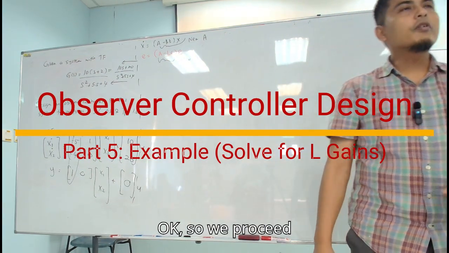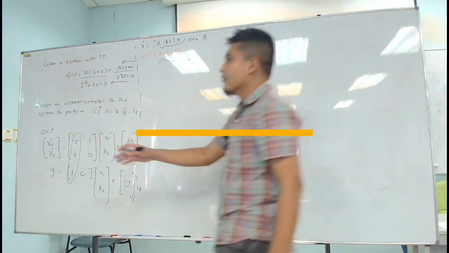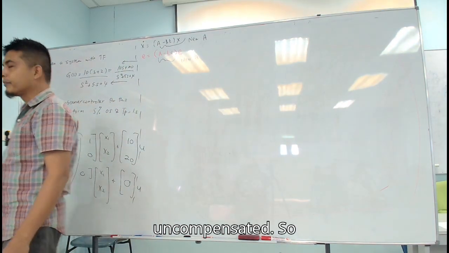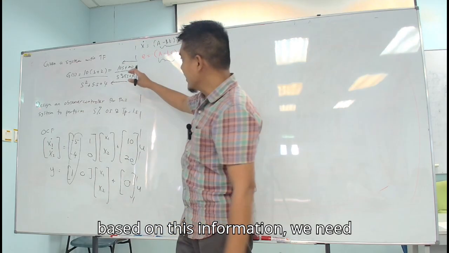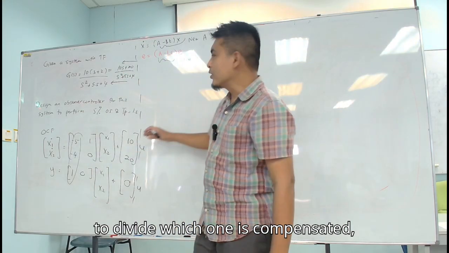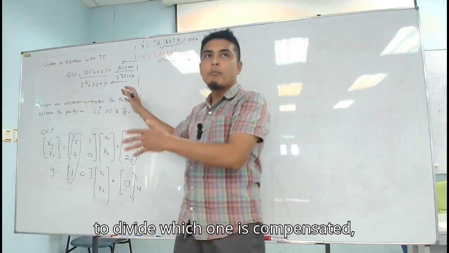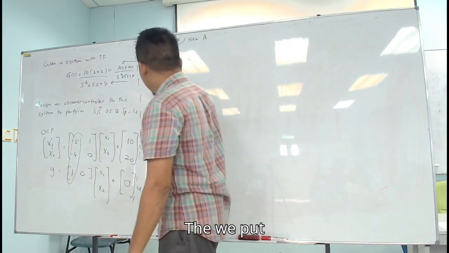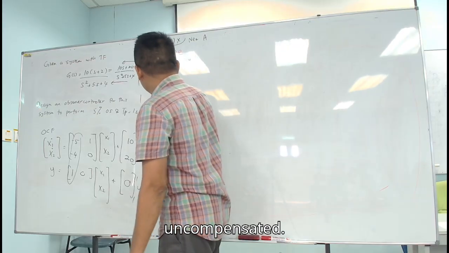Okay, so we proceed to the next step, compensated and uncompensated. Based on this information, we need to divide which one is compensated and which one is uncompensated. We put uncompensated first.